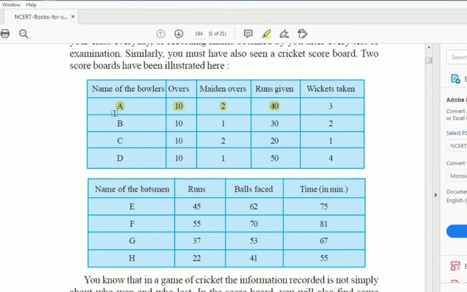That means the bowler gives 40 runs and takes 3 wickets. So okay, as we like, we can read this data.